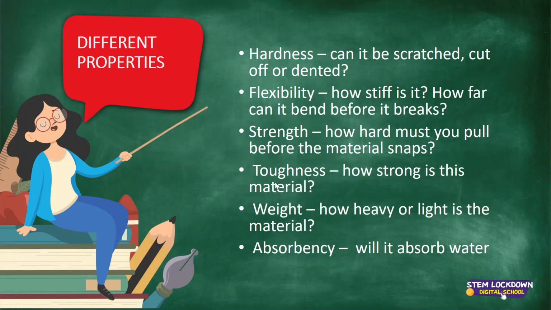And then weight. Speaking of weight, when you speak of weight, it means how heavy or light the material is. So you'll have a pile of paper, and then you'll have, for example, a bag of bricks. When you pick those bricks, you'll feel that the bricks are very heavy.